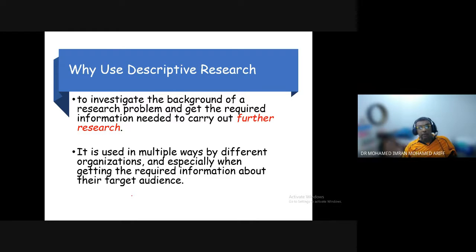No. First, they want to do a descriptive research. They want to find out, is it worth ke tak untuk buat satu program di sini. So, they can do a survey and then they find out that rupanya kawasan Sri Iskandar ni ada lebih daripada 1000 orang student. So, there is something.